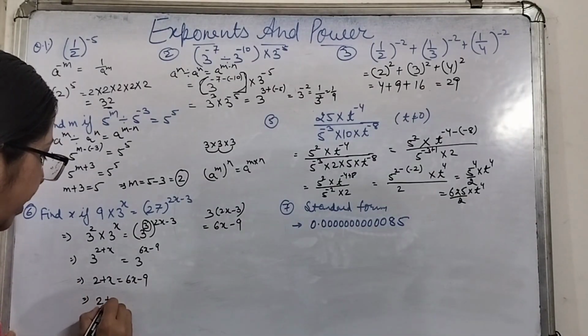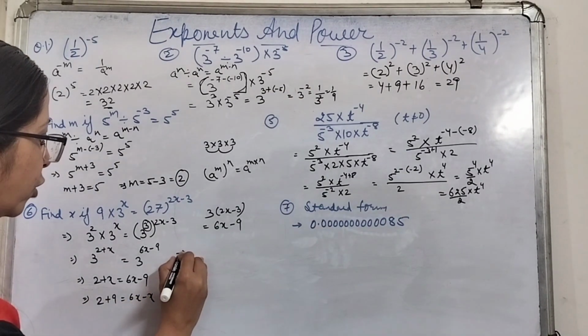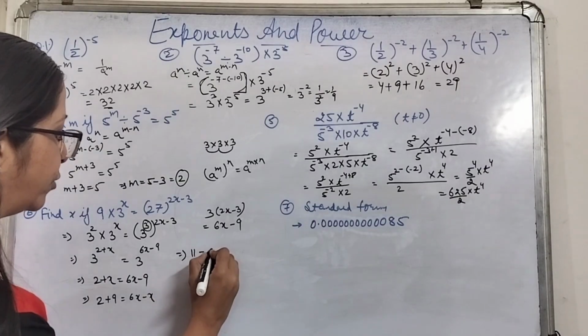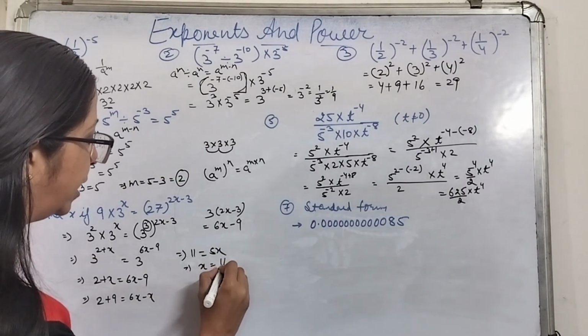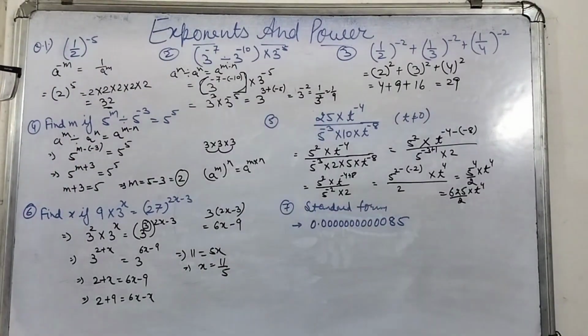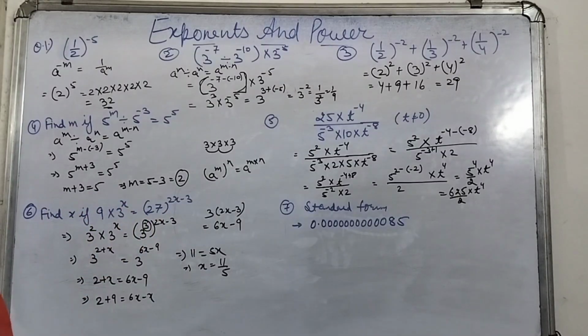So this will be 2 plus 9 equivalent to 6x minus x. Or we can say 9 plus 2 will be 11 is equivalent to 6x minus x, which is 5x. So the value of x is 11 upon 5. This is how we can find it by factorizing whatever the numbers are there.